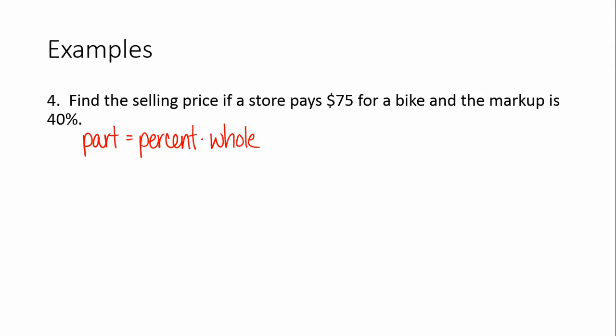So if you're not sure where I'm getting that from, it's from that lesson. So we don't know the part, or the markup, and I'll call it M. So that's going to be the amount of the markup. It's going to be 0.40, that's our percent in a decimal, times $75. So the markup in a dollar amount, 0.4 times 75, is $30.